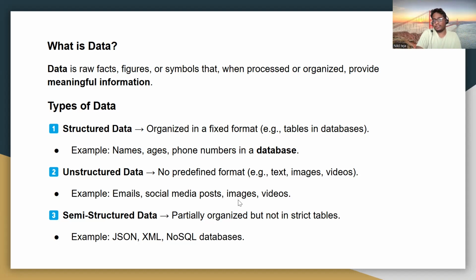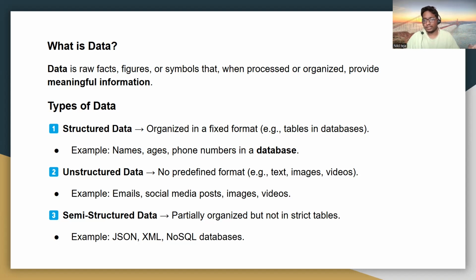There are different types of data. There are mainly three types: structured data, unstructured data, and semi-structured data. Coming to structured data, the data will be in a structured format, like tables, an Excel sheet. The data is organized in the form of tables, with rows as well as columns.